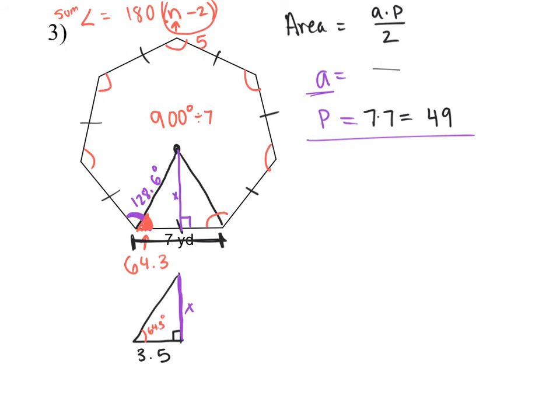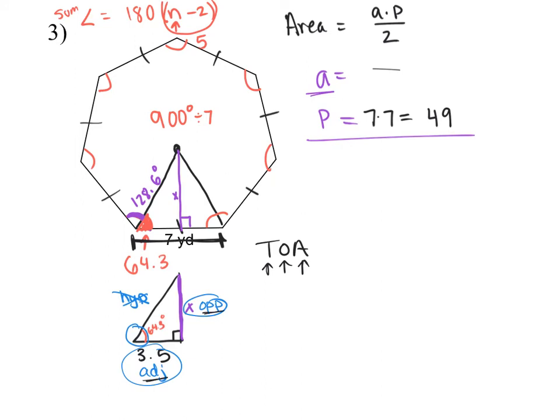Now we have what we need, and we can go ahead and use trigonometry to solve. I have this angle, which means this side is my opposite, this is my hypotenuse, and this is my adjacent side. Based on the fact that I'm looking for this side and I have information about this side, hypotenuse is not involved. That means I should use tangent, because SOHCAHTOA, tangent involves opposite and adjacent.